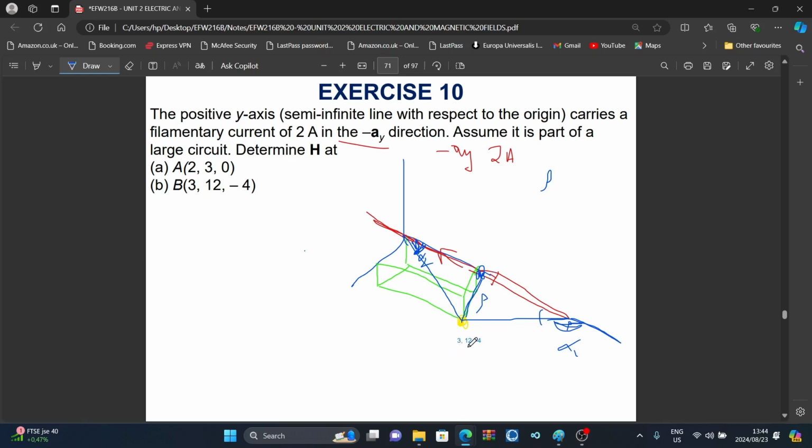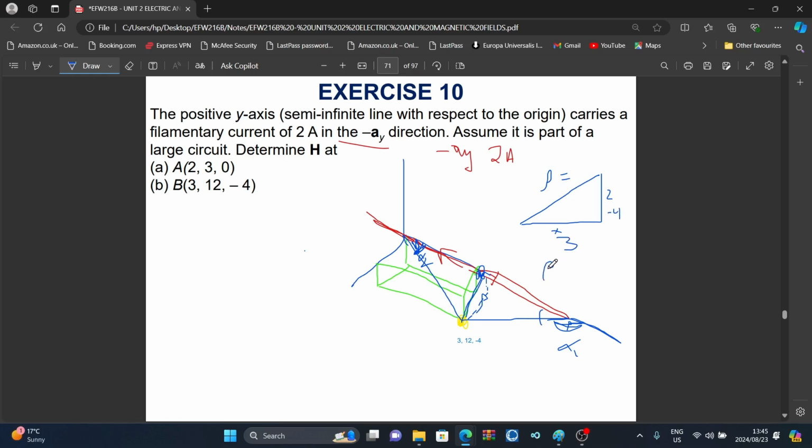So if it's z and x, so let's say our phi will be what? It's going in z direction, then x. So as you can see, that's our phi. This is z, then that is x. If you just try to imagine the three-dimensional, it will be the combination of z value and x value. x is 3, z is minus 4.